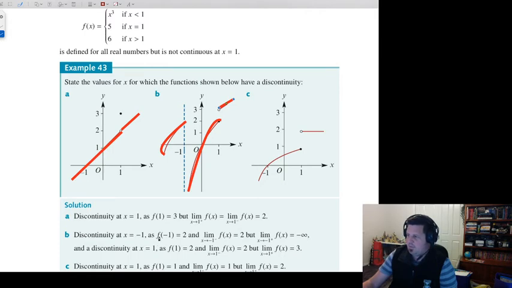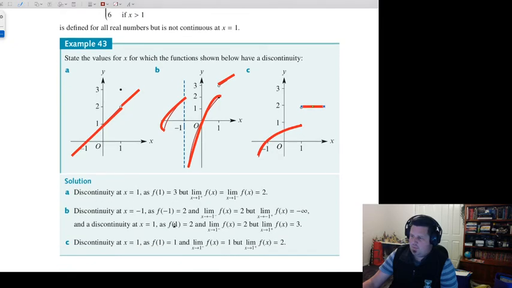Yep, so it's also discontinuous at that particular point at 1. Yep, and it talks about it in terms of limits on either side, or you can use the fact that you'd have to take your pen off the page. Likewise here, this one, I'd have to take my pen off the page at x equals 1 to be able to draw that. So it's discontinuous at that particular point.